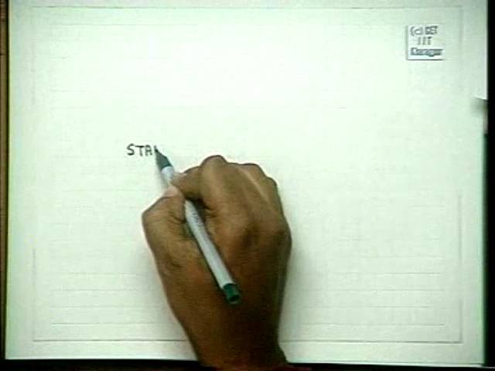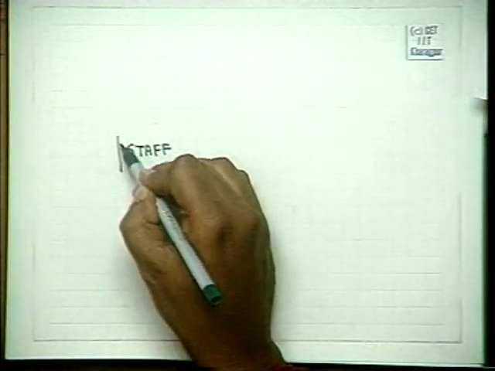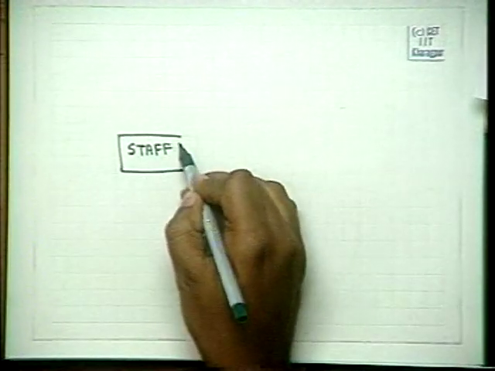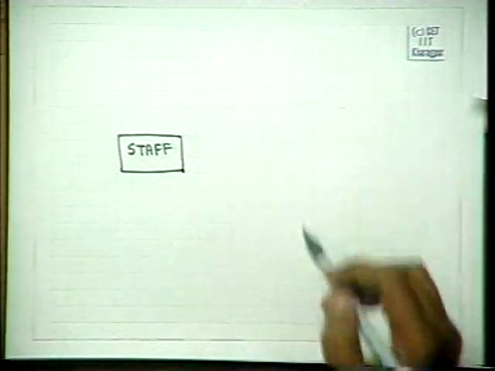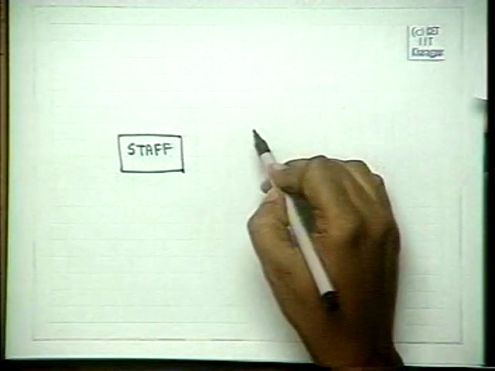Finally, a relationship may be in the same entity set. A relationship need not be only between different entity sets. This is the staff and this is the reports to.